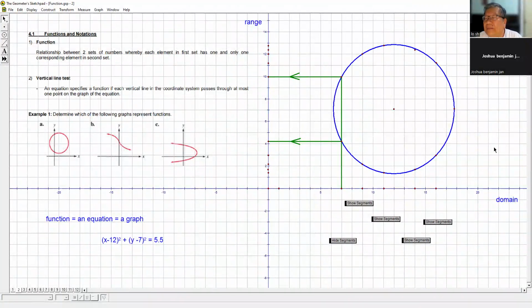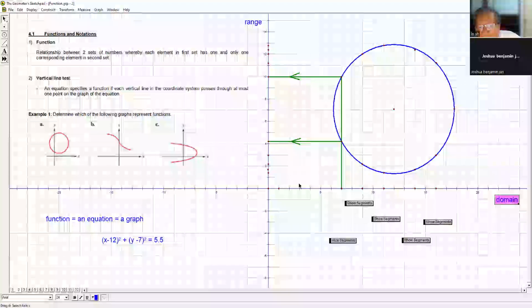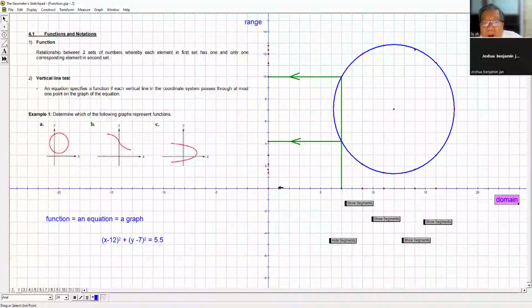Got two answers. So now you tell me, does this equation here represent a function? No. No, no, you are right. Very good, you are right. Because this is the domain, the numbers along the x-axis here, 1, 2, 3, 4, 5, 6, 7, 8, 9, 10 until infinity.